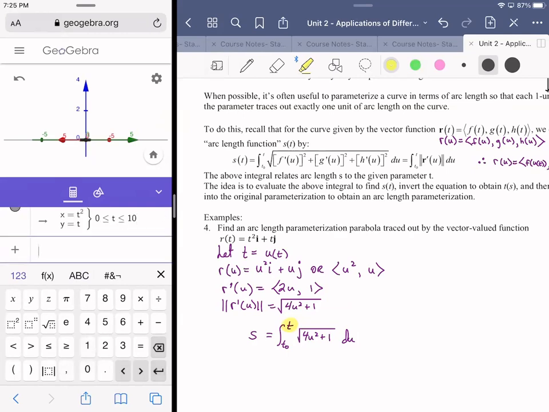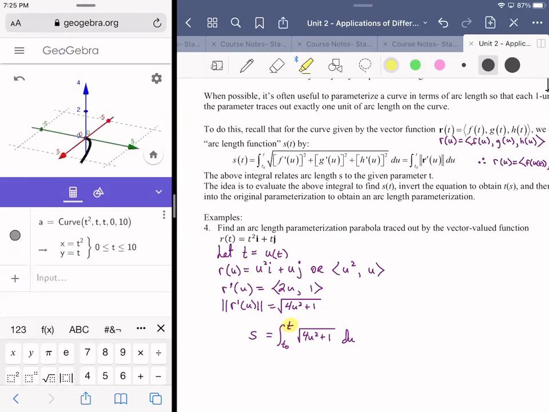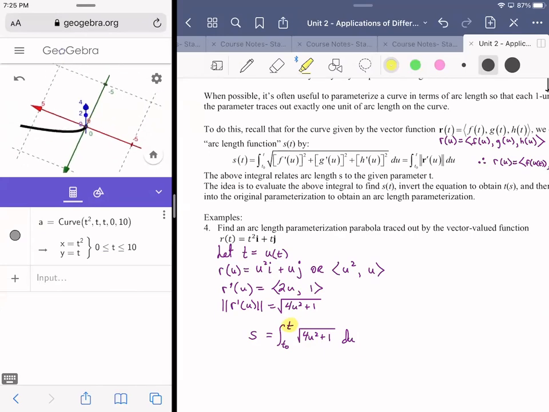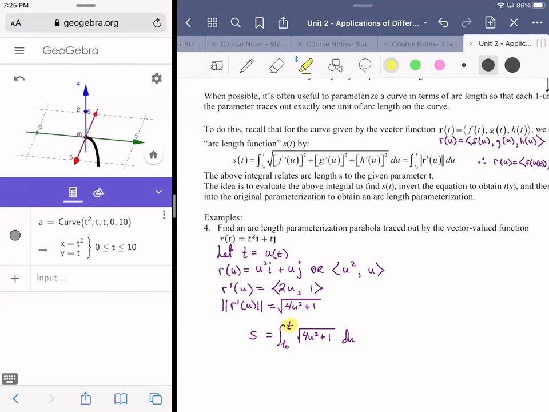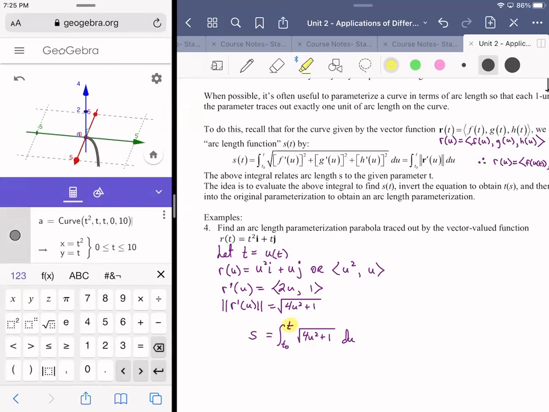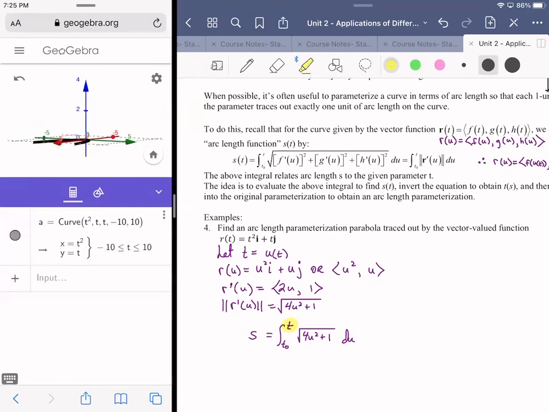All right. So at first glance, it doesn't look like there's really anything going on there, but there really is. There is a parabola that exists. Now, I can manipulate my lower bound and my upper bounds to be whatever I want. So I can make it a negative 10 to 10, whatever, it doesn't make a difference. All right. So I have this information here.